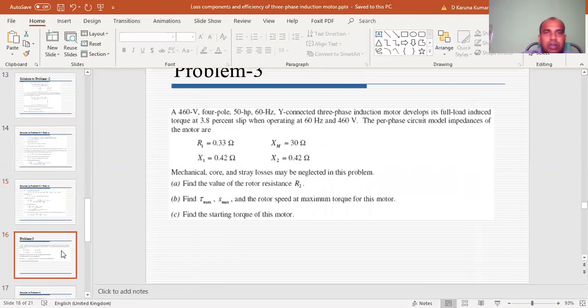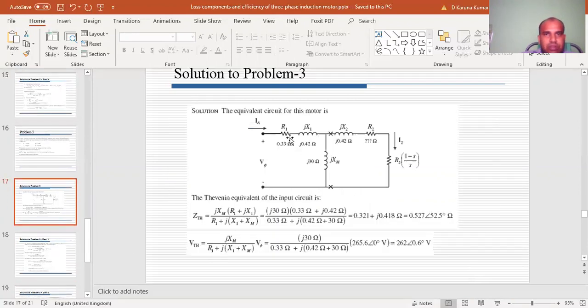Third problem: 460 volts, 50 HP, 60 Hz frequency, with R1, X1, R2 and X2 values given. You have to find the value of rotor resistance R2, the torque value, the slip value and the starting torque of the motor. R1, X1, R2, X2 and Zm, this is the formula for the Thevenin equivalent.